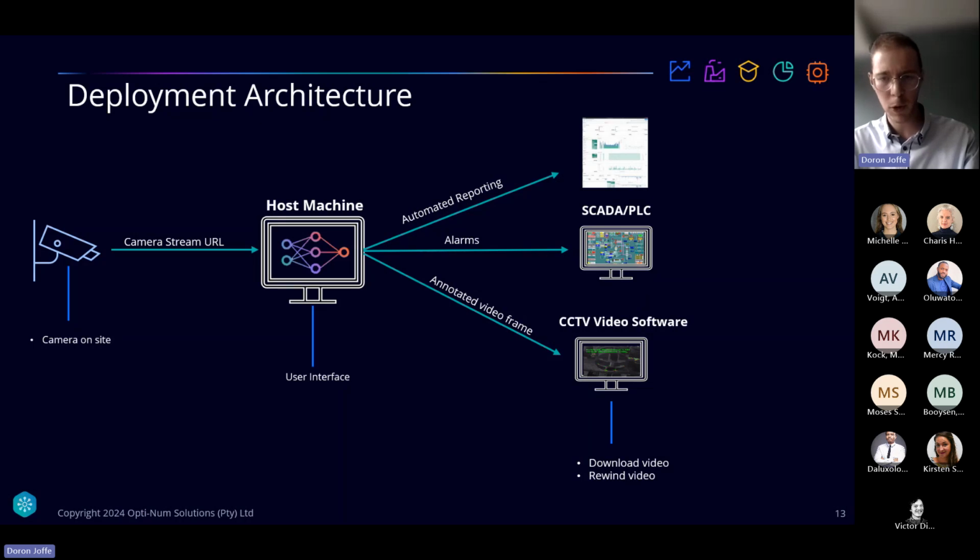What's very important to understand here is that this diagram represents a single camera, but typically in production, we have multiple cameras all working simultaneously. The current project I'm working on has 9 different CCTV cameras monitoring different processes, and they are all being streamed back to this host machine and being streamed out to the CCTV camera software.